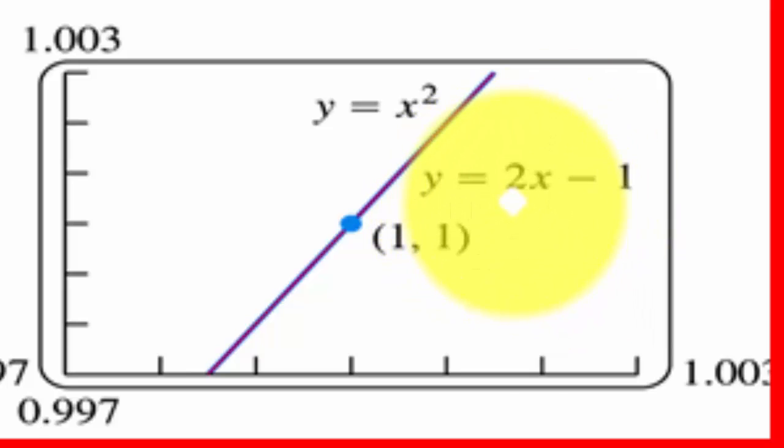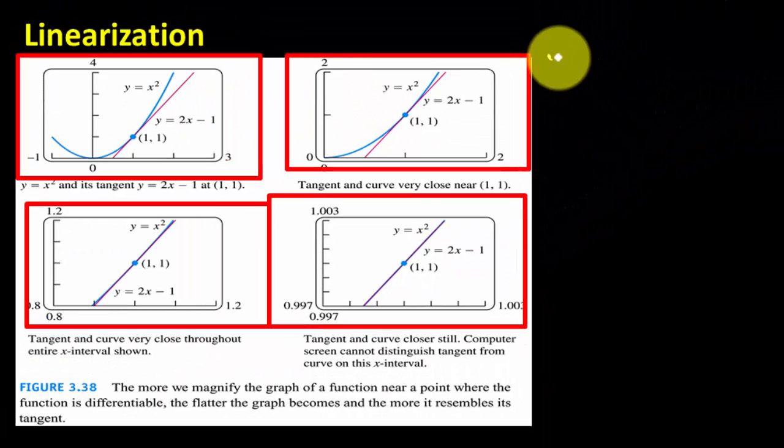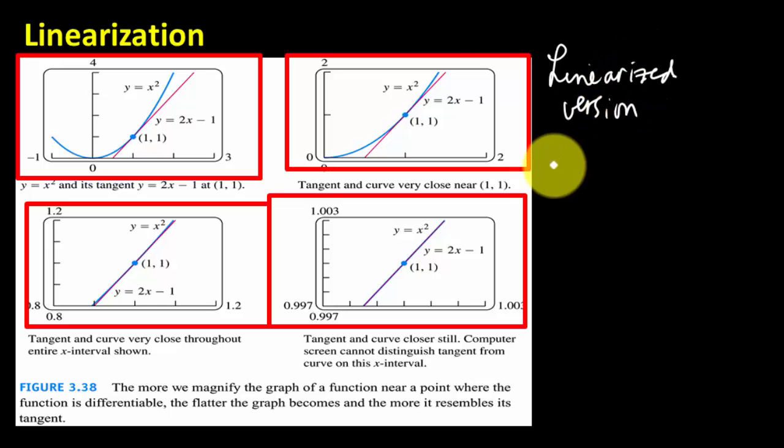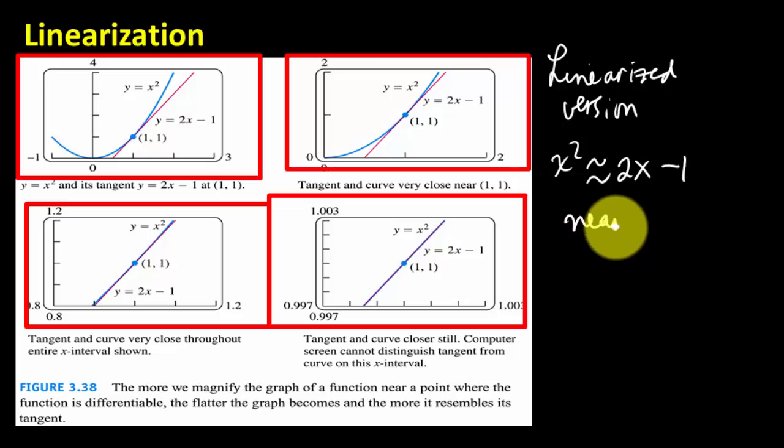So what we can say is the linearized version of x squared, our function, can be written as 2x minus 1. Near where? Only near the point 1, 1.